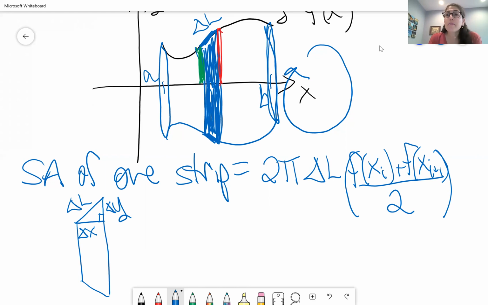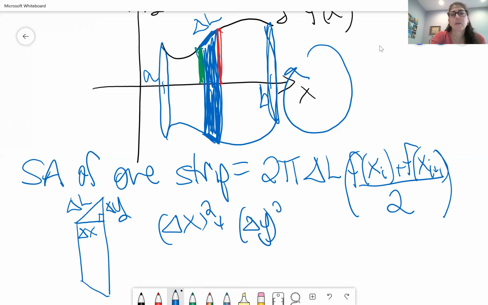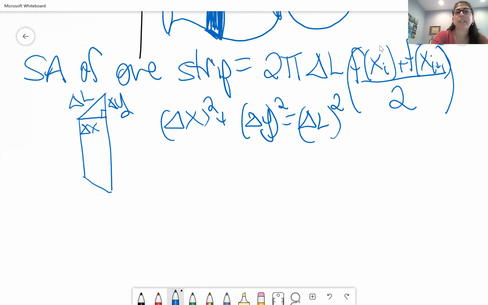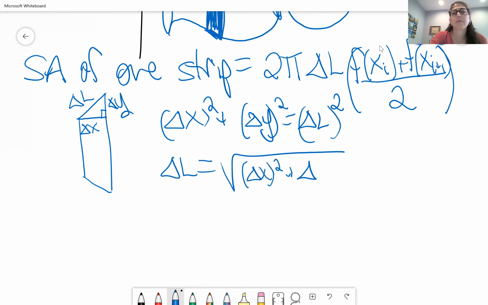Is that screaming Pythagorean theorem at you? Because it should be. Delta x squared plus delta y squared is equal to delta L squared. Exact same thing as a squared plus b squared equals c squared. And so delta L is the square root of delta x squared plus delta y squared.